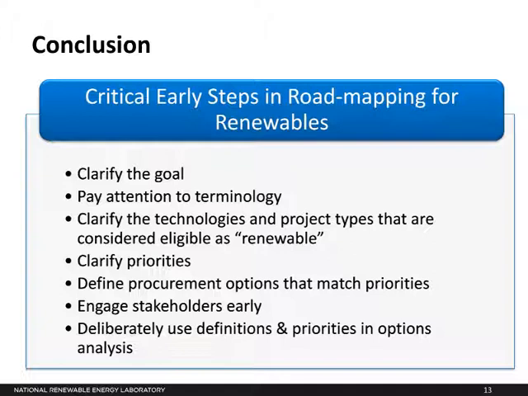And of course, then deliberately use those definitions and those priorities that you've all decided together as you identify your options, as you go through your analysis, and as you come to your final decisions and take action. So by following these best practices, you're getting all of your stakeholders on the same page from the very beginning, and you're setting yourself up for success.